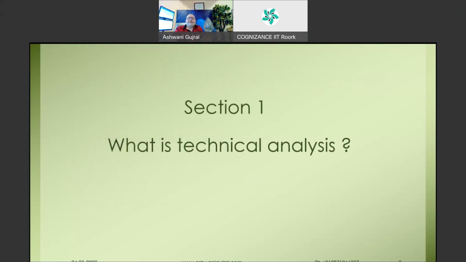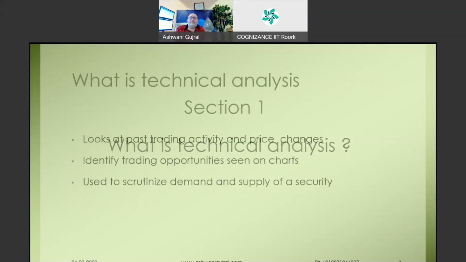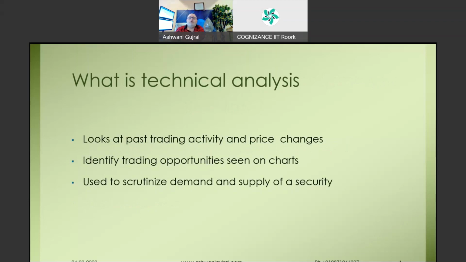Okay, now the first section is what is technical analysis. See, technical analysis answers the question, when do you buy? Fundamental analysis answers, what do you buy?